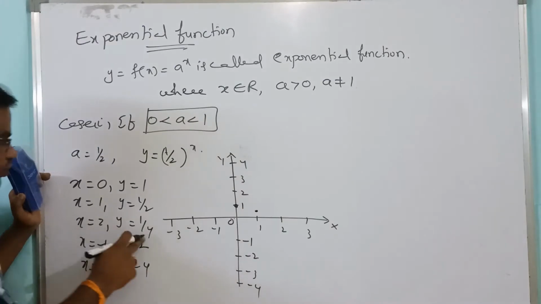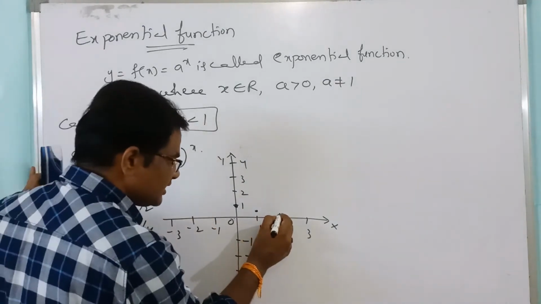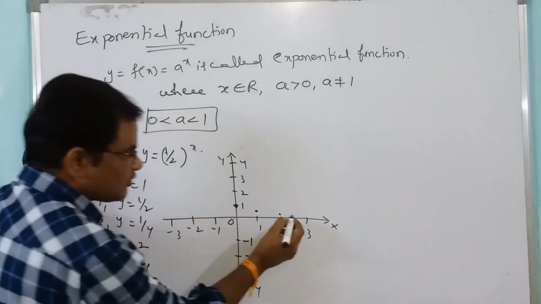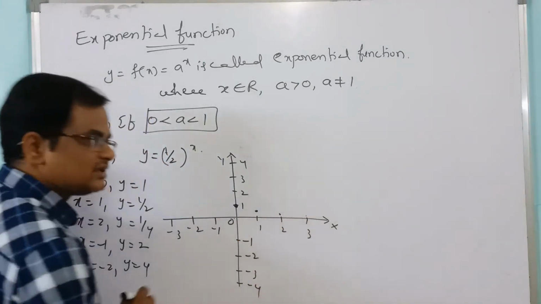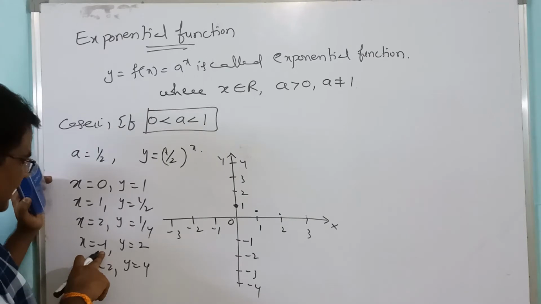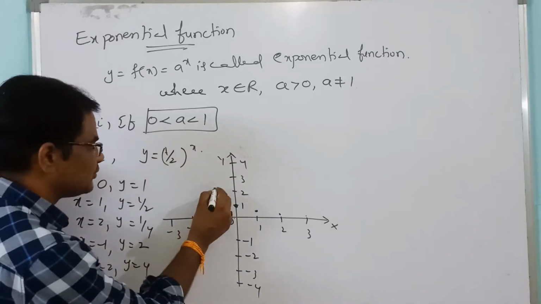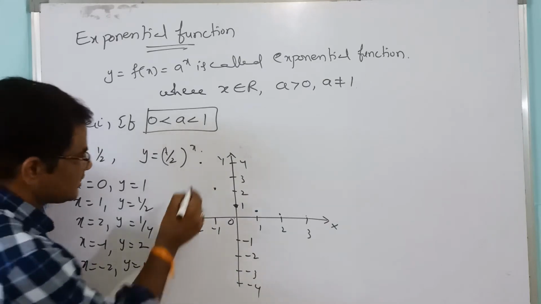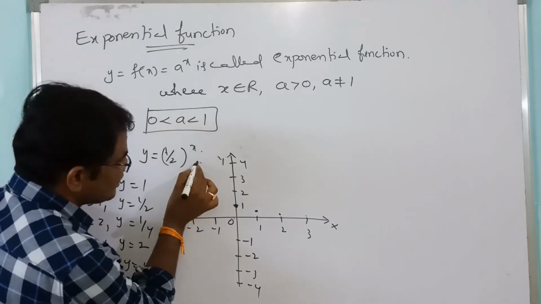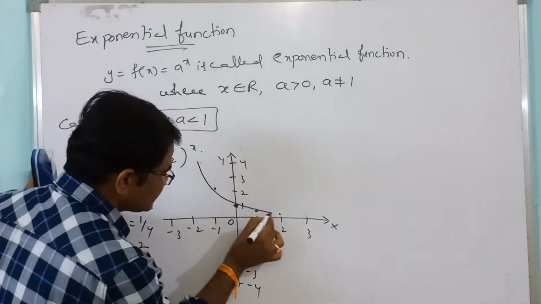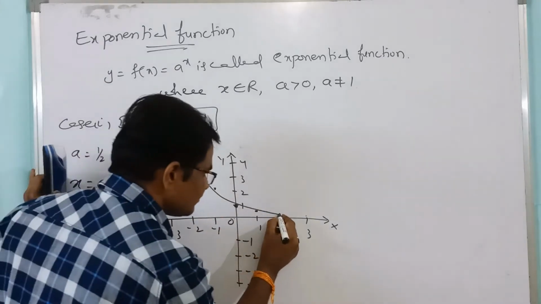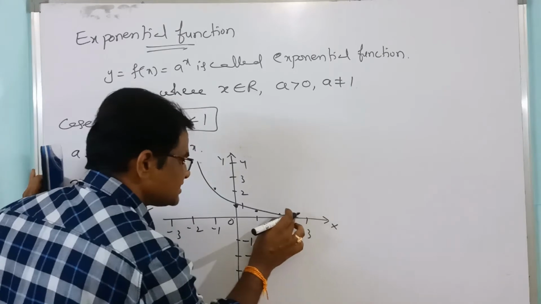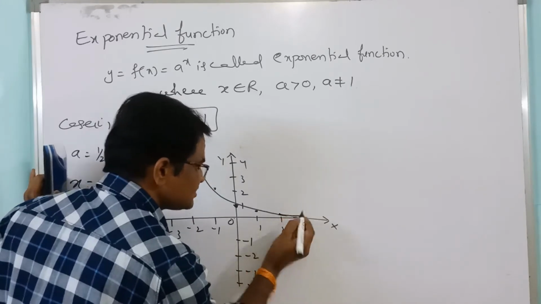X equal to 2, y equal to 1 by 4, near to the x-axis. Next x equal to 3, y equal to 1 by 8, like this you will get. Next x equal to minus 1, y equal to 2. X equal to minus 2, y equal to 4, like this you will get. Means if you draw the graph of this one, it is like this. It approaches the x-axis but does not intersect the x-axis. Like this you will get.